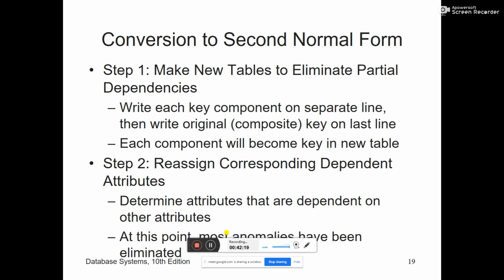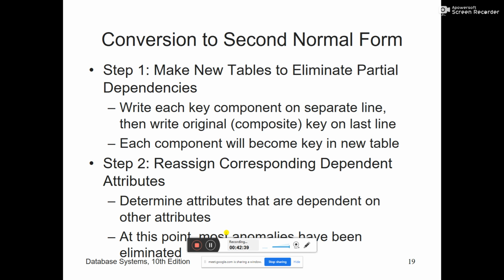But if we want to convert to second normal form, what are the steps? First, your table should already be in first normal form, because you cannot go directly to second normal form. You must go step by step: first normal form, then second, then third.